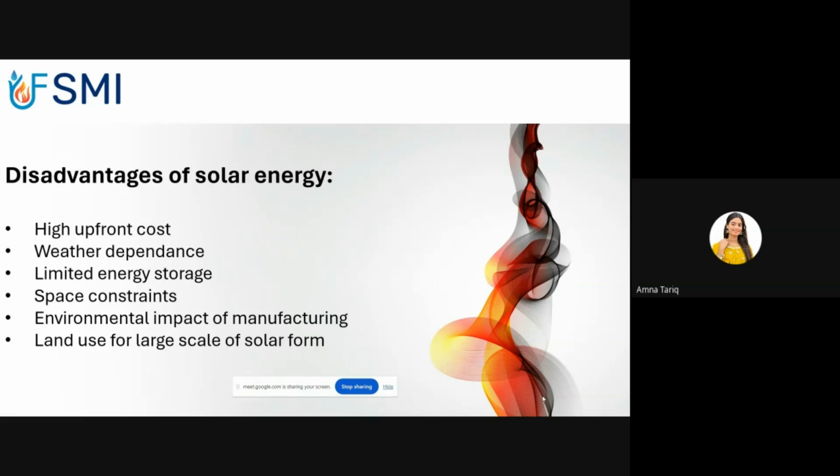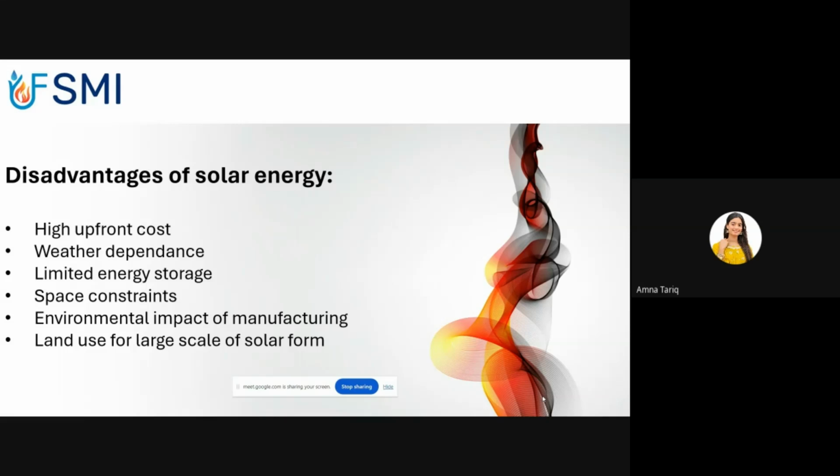The second disadvantage is that it is weather dependent. We know that solar panels depend upon the weather. If the weather is cloudy, the solar panels cannot get sunlight, and this is the biggest disadvantage of solar energy systems.